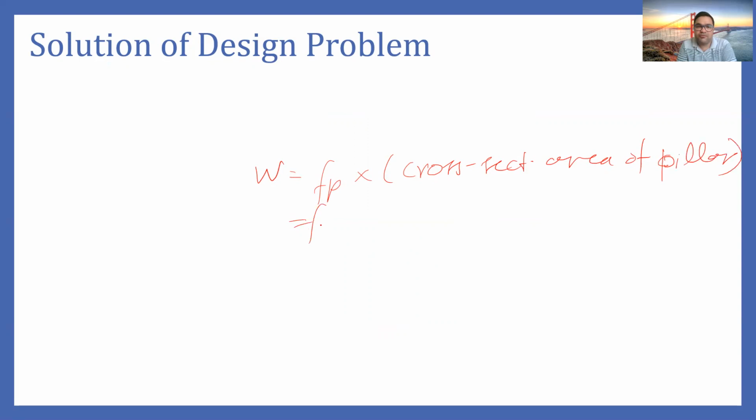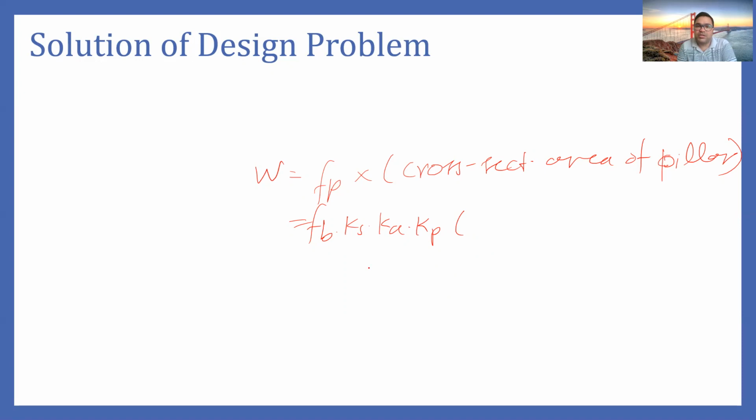So here FP is FB into KS into KA into KP, and the cross-sectional area. Now we don't know whether this pillar will be rectangular or square in the cross-section.